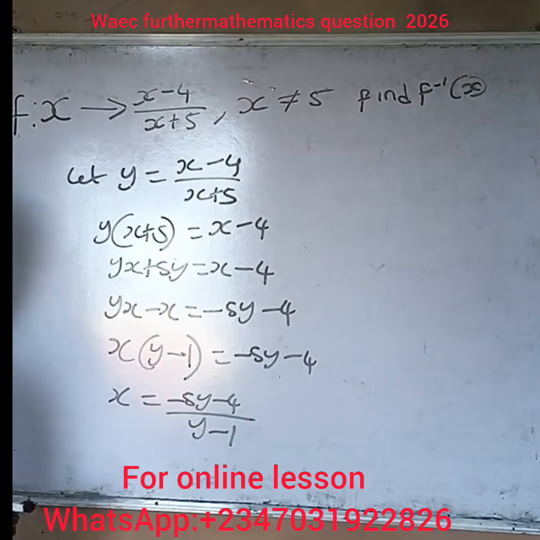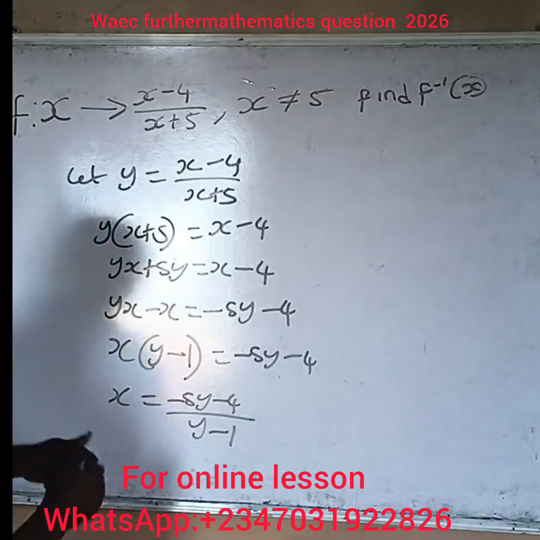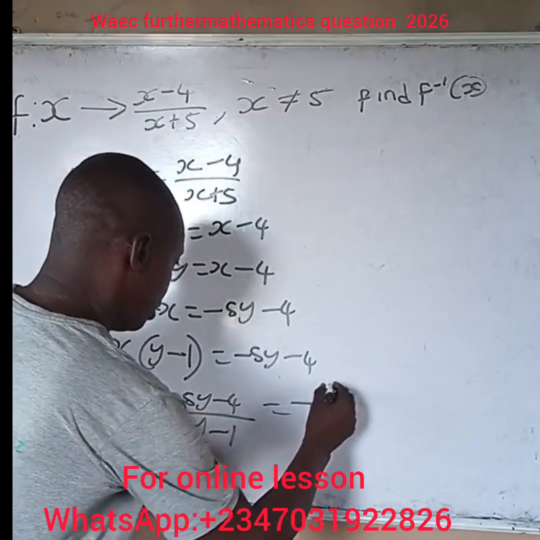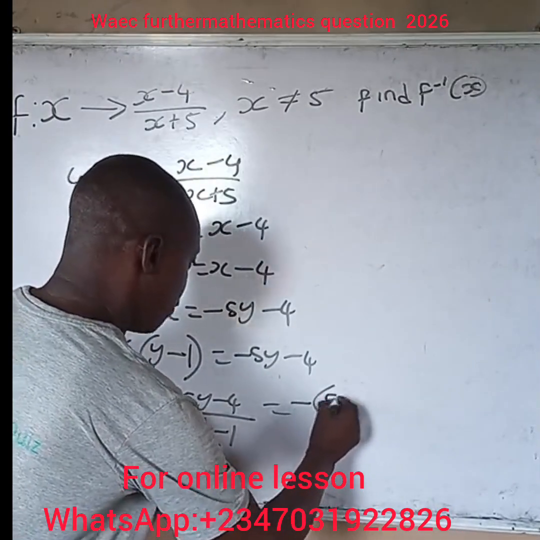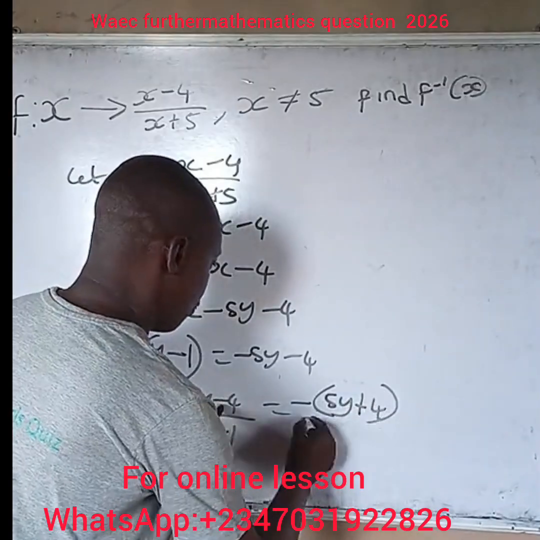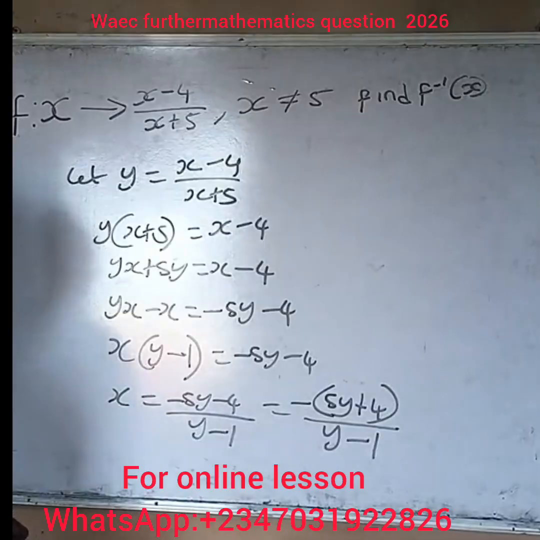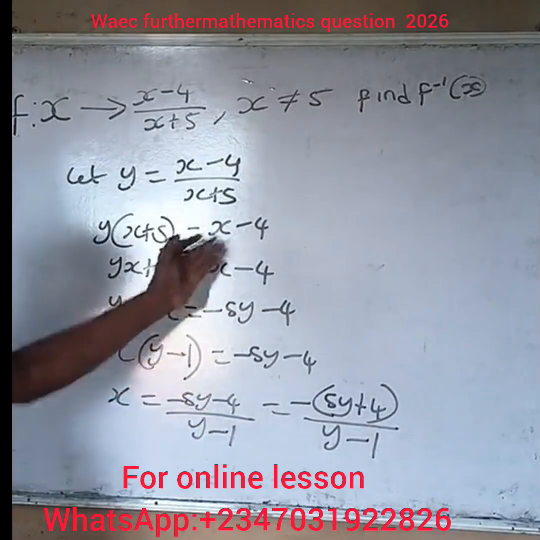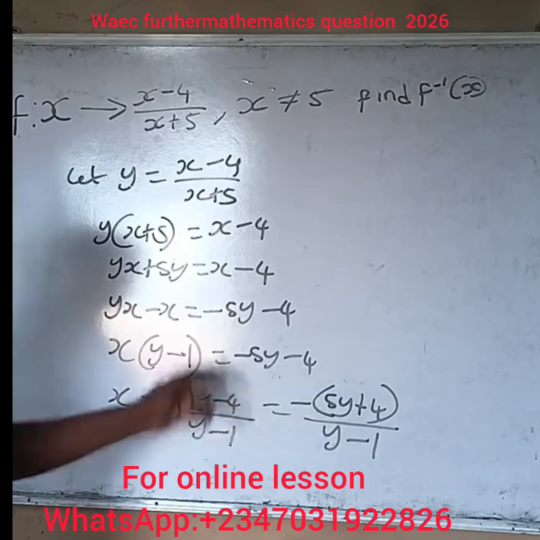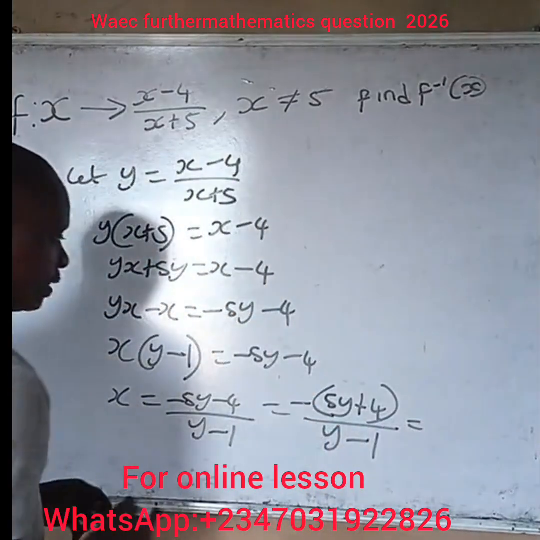All right. But however, let's take minus out here. This will still give us minus into 5y plus 4 over y minus 1. So if we divide up and down by a minus sign, or we multiply up and down by minus, the minus will kill this minus out from here.